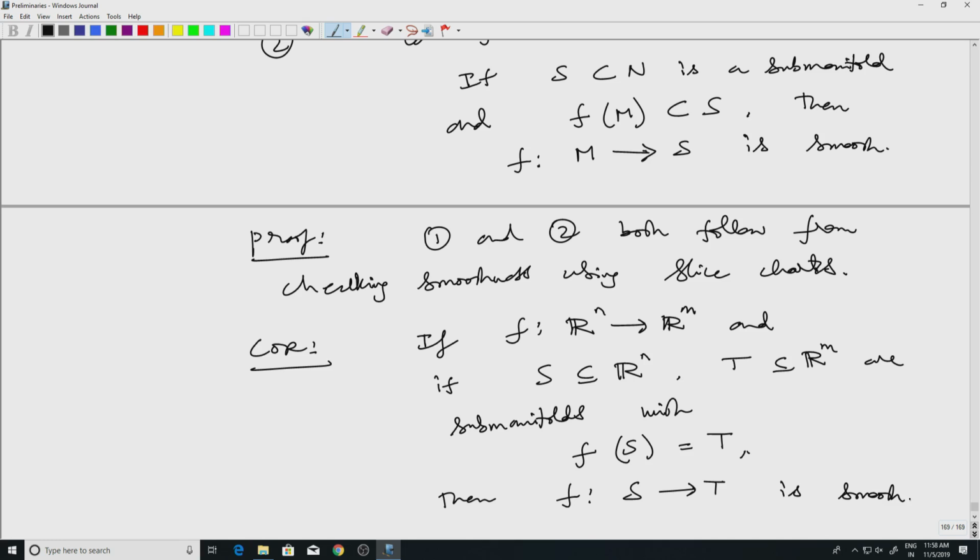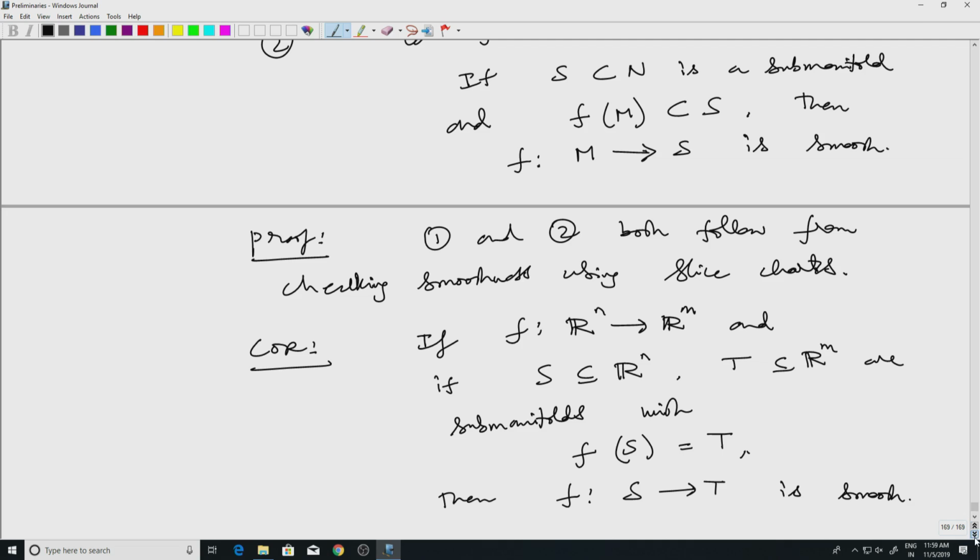So in short, one can use this corollary in the reverse direction. Suppose I have a map between two submanifolds of Rn and Rm, f from S to T. If I know that f extends to a smooth map between the corresponding Euclidean spaces, then I know that the original map is smooth.